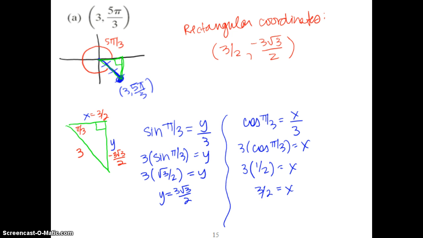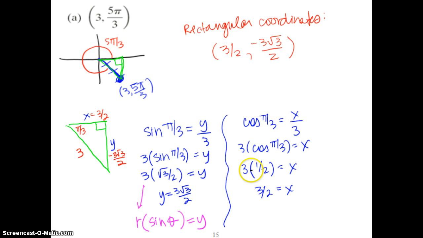Okay, so now that we've found that, I want you to see a couple of formulas that come out of that. Do you see that when we found the y value, we took the r, which is 3, and multiplied it by the sine of theta, and we got the y value?